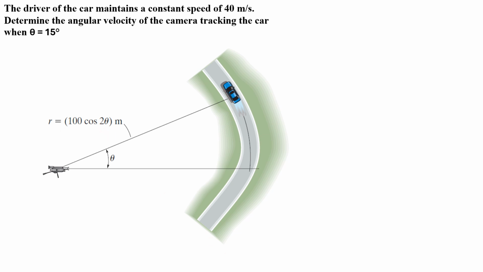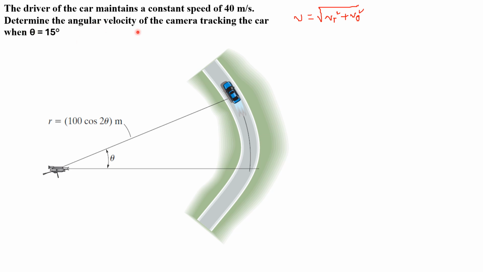Now we can start solving this question by realizing that the 40 meters per second is the magnitude of the velocity, which is the speed. In the polar coordinate system, v equals the square root of vr square plus v theta square.